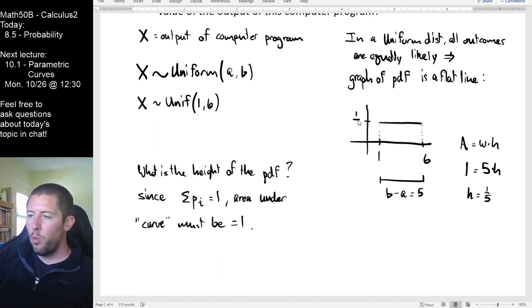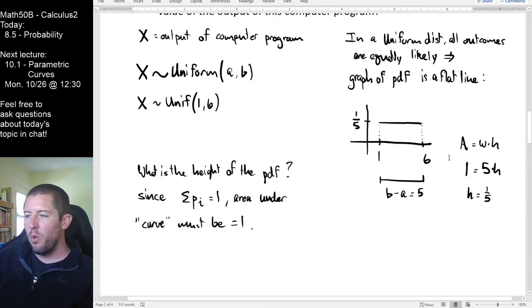And that's actually really weird to me, because I generally expect fractions like 1/6 to be associated with rolling a die that has 6 sides. But technically, the width of this interval is only 5 units wide, and so therefore the height has to be 1/5 units tall, so that the area underneath the entire curve is 1. The sum of the probabilities is 1.